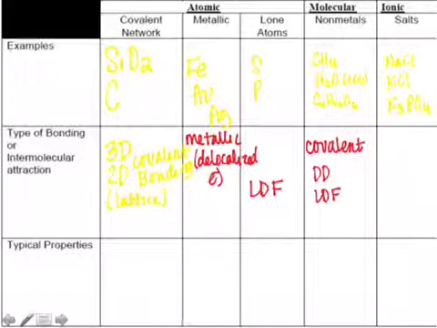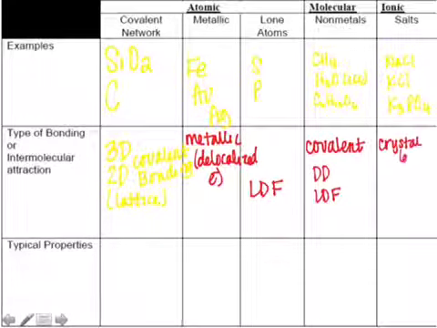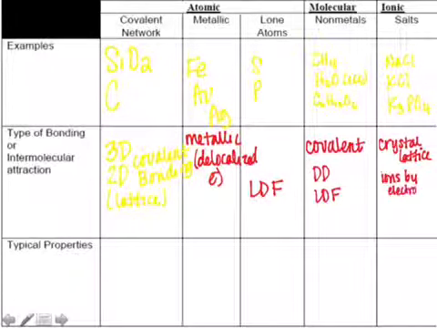And then for ionic, what type of structure do we have? Crystal lattice, with ions held together by electrostatic interaction.